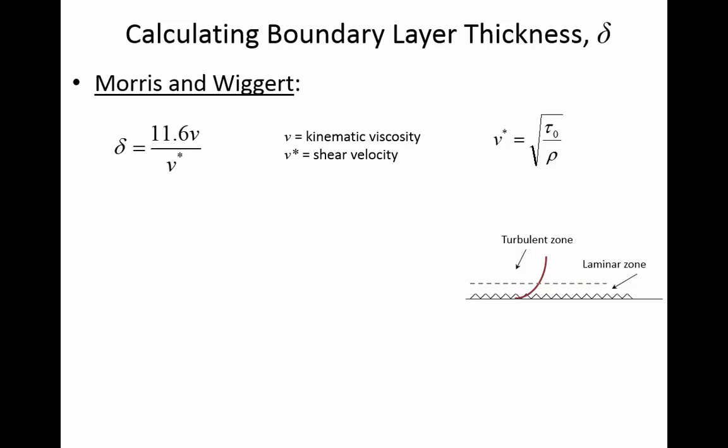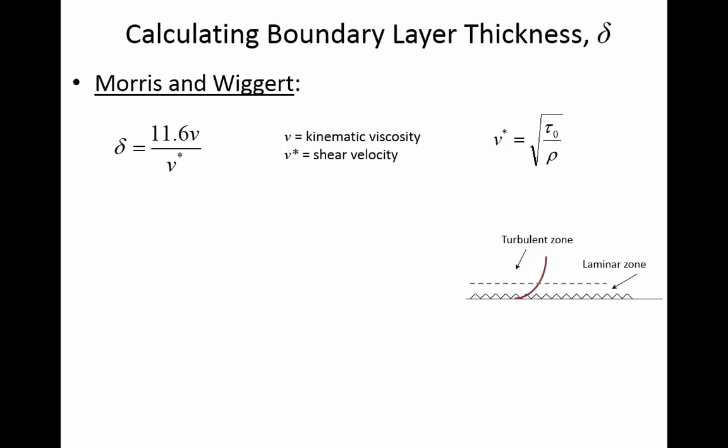There is a criterion called the Morrison-Wigert criterion, and it's a way of calculating how thick the boundary layer is. Here's the formula for it. It's an empirical formula that says you take the shear velocity, and if you know the kinematic viscosity of the fluid, you can look it up in the back of your book.